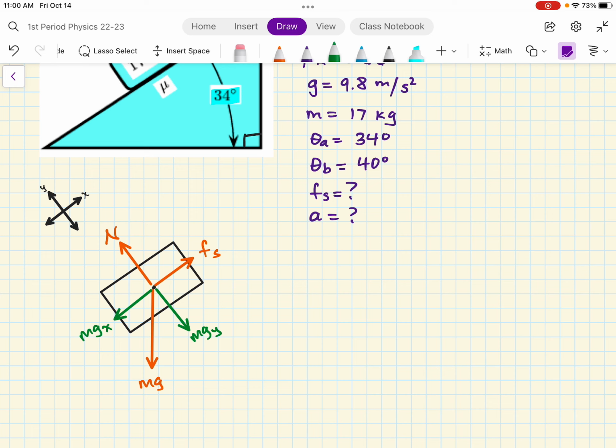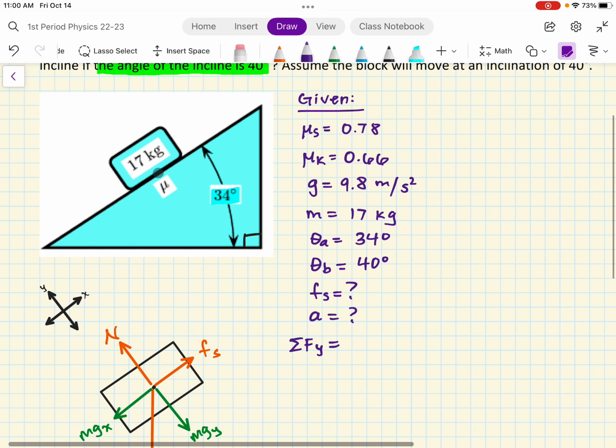Now we can sum the forces. Let me fix that vector. There you go, a little better. Okay, let's sum the forces. The summation of the forces acting along the y: in this case, we have no motion of the block.